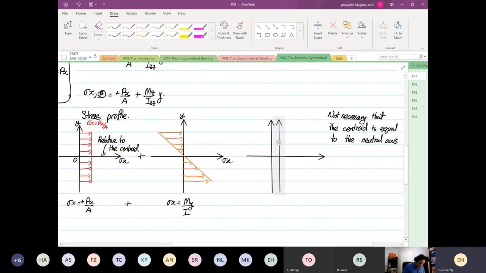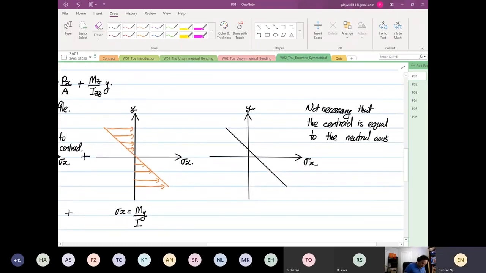So again, this is our stress X. This is our Y. And because of how our stresses are distributed, this is how our profile will look now.